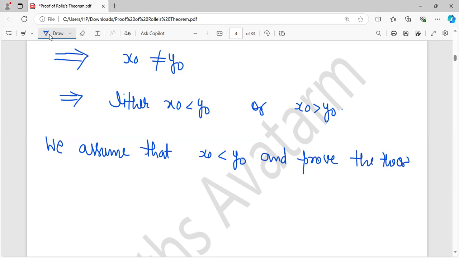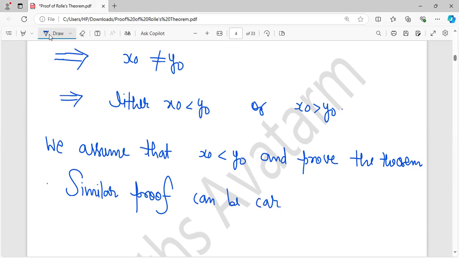Similar proof can be carried out for the case x naught is greater than y naught.